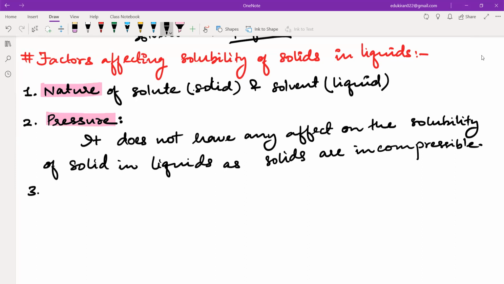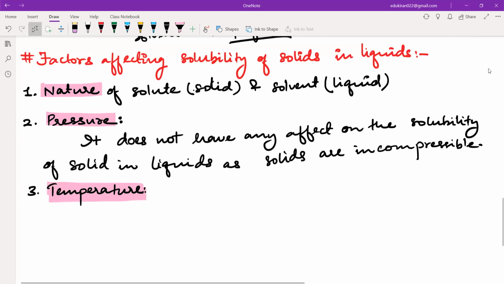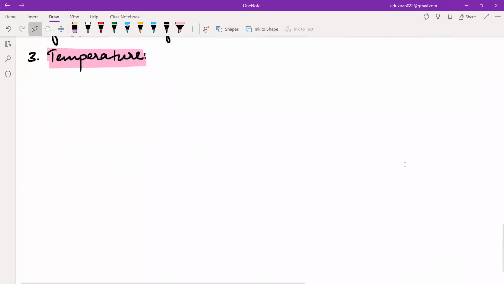The third factor is temperature. Now, listen about temperature. Don't write anything.